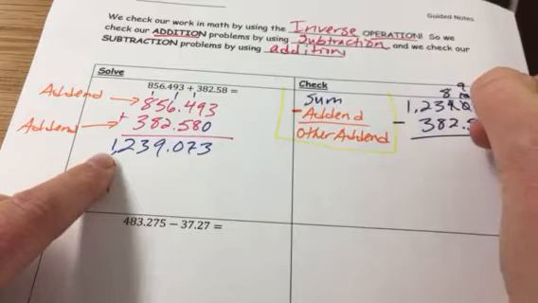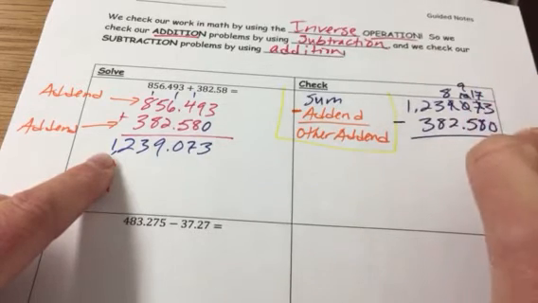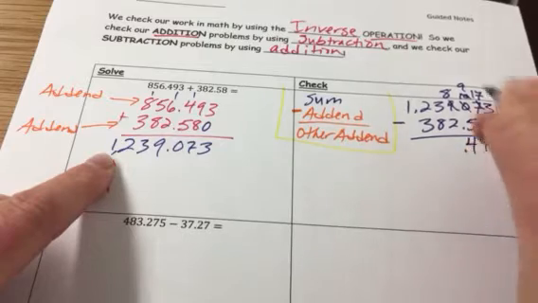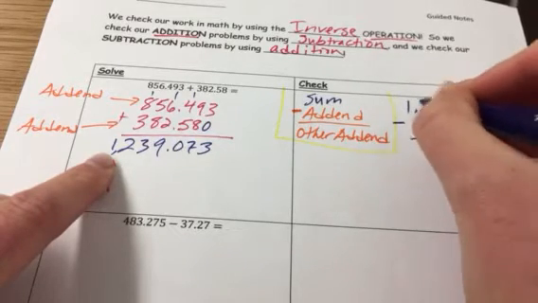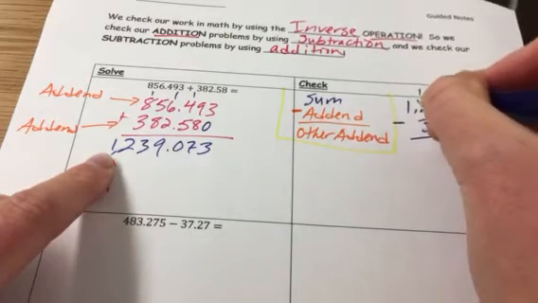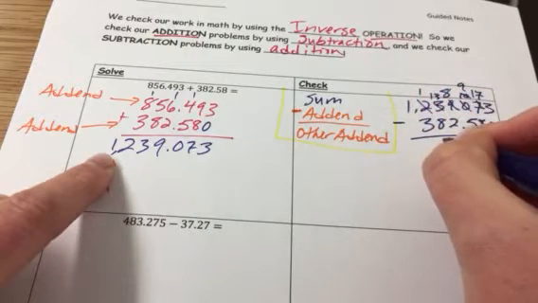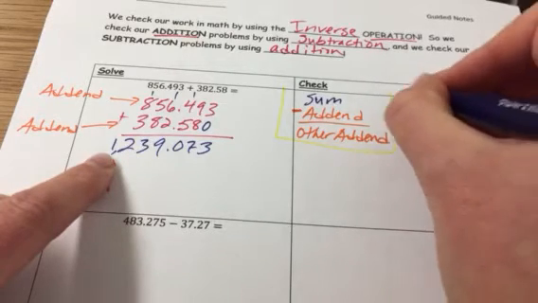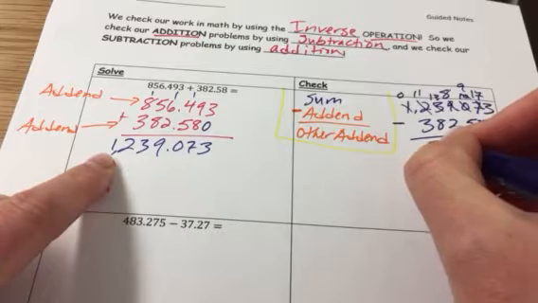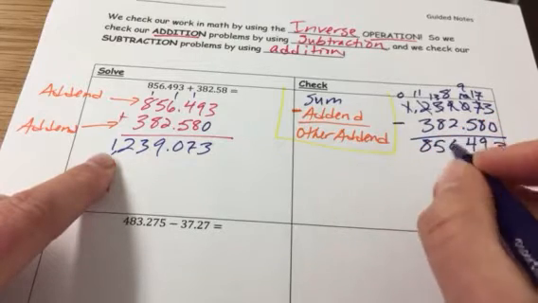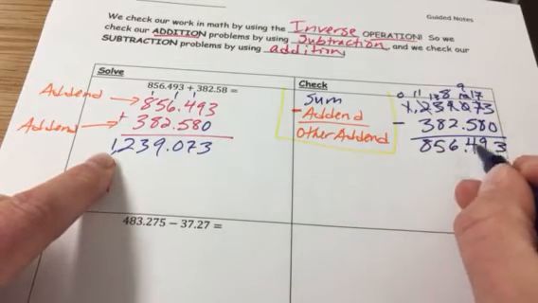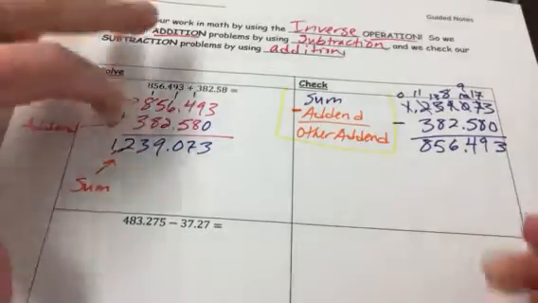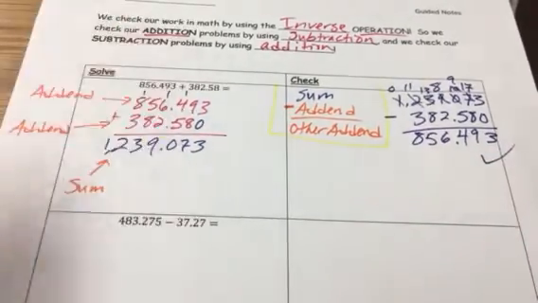I regroup again. 17 minus 8 is 9. 9 minus 5 is 4. 6, regroup. 13 minus 8 is 5, regroup. 11 minus 3 is 8. 856 and 493 matches up with my other addend, so I know I'm correct.